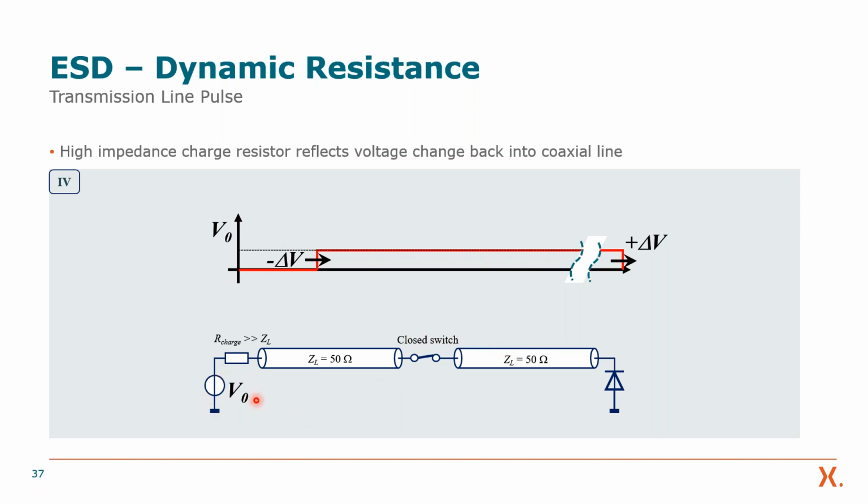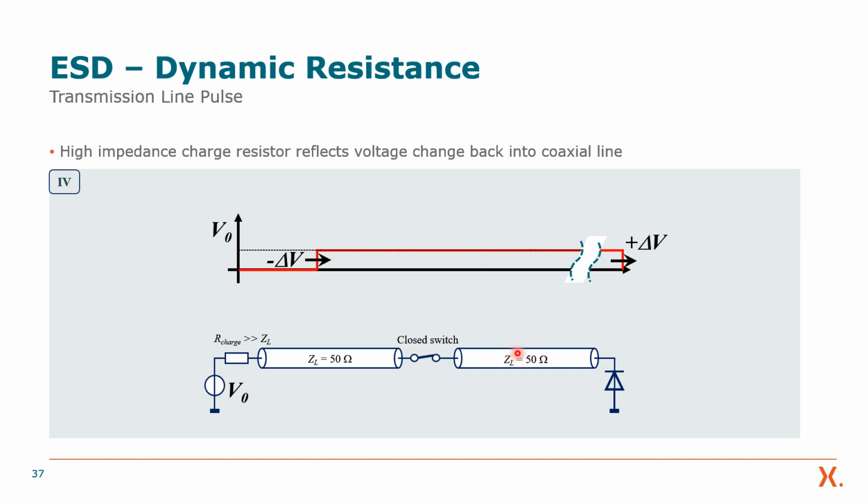So here on the left side you see the generator. Then you are charging up this transmission line, you're closing the switch, and what results is a nearly rectangular pulse which is traveling down this transmission line and then hitting the protection device you want to characterize. And what you measure is the voltage across the protection device and the current that is flowing into the protection device.